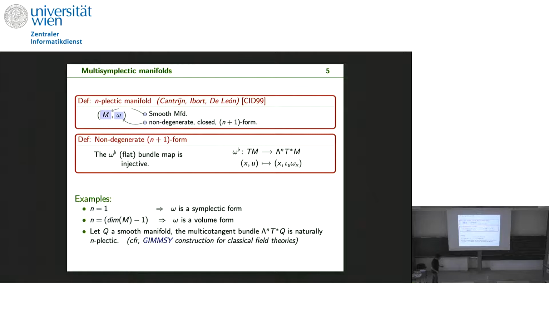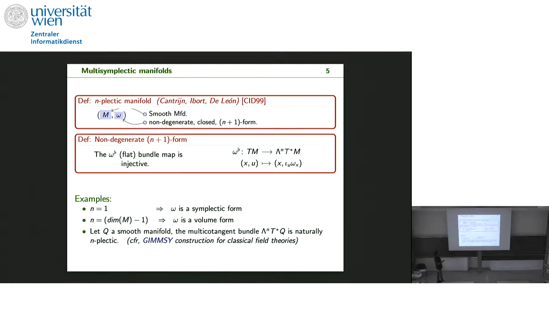The other key example coming from mechanics is the following: if you consider a smooth manifold Q, you can construct the multi-cotangent bundle by wedging n times the cotangent bundle of Q. It can be proved that this one is naturally n-plectic.